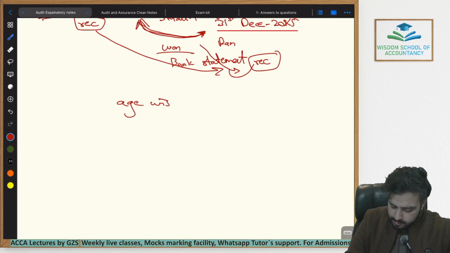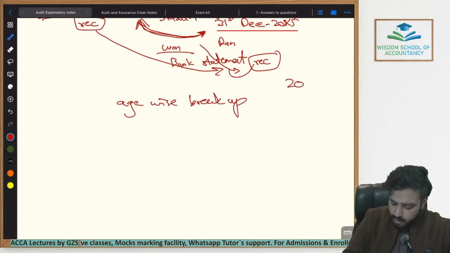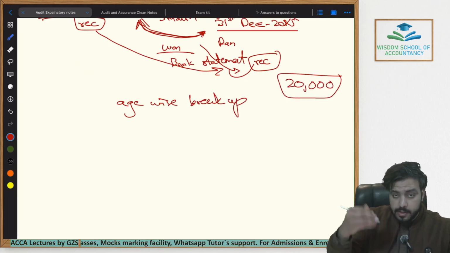If I have to give you an example, let's say total receivables recorded within the statement of financial position are $20,000.